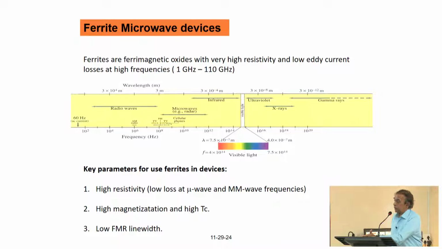So, the key parameters for the materials that are going to be used in the devices are high resistivity to reduce any losses, and also you need high magnetization and high Curie temperature. In case of heating, you don't want the device to perform very poorly. So that requires a much higher Curie temperature for the magnetic oxide films compared to its operating temperature. And you also preferably use films with low ferromagnetic resonance line width.